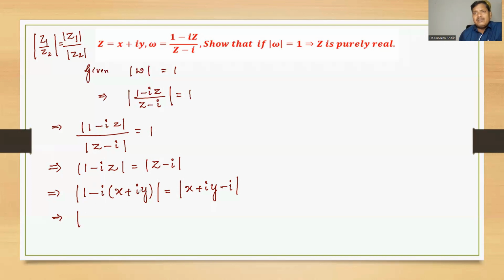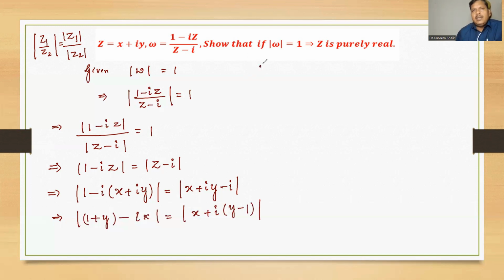Iota square is negative 1, negative 1 into y is negative y, but already a negative is there. Negative of negative is positive. So can I write it as (1 plus y) minus iota x? I hope it's clear. That equals, here x plus, if you take iota common, (y minus 1).